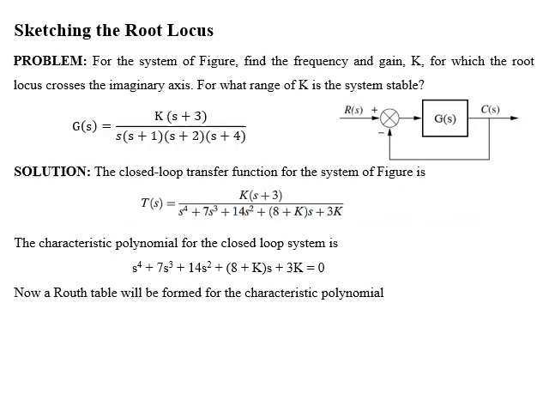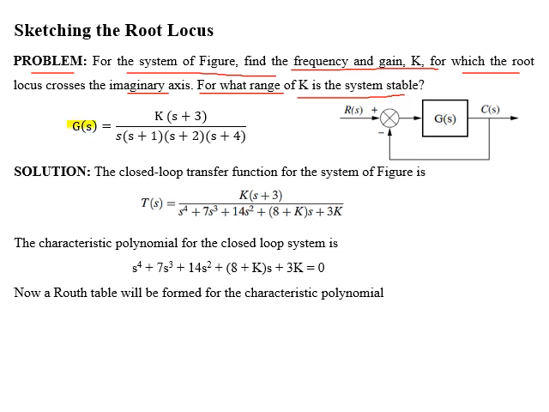Dear students, now we will continue the last example for the value of gain k and frequency of oscillation at the imaginary axis, and we will also find for what range of gain k the system is stable.